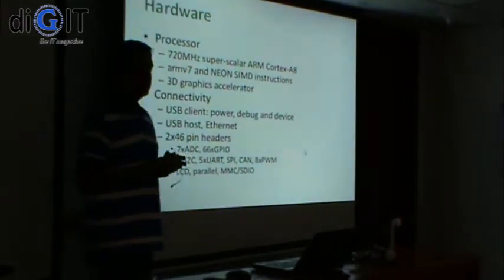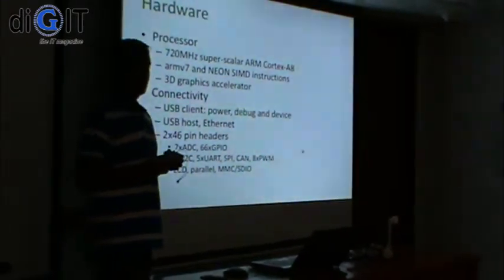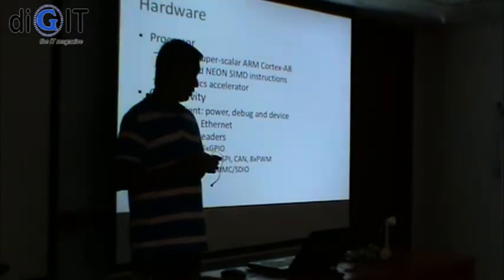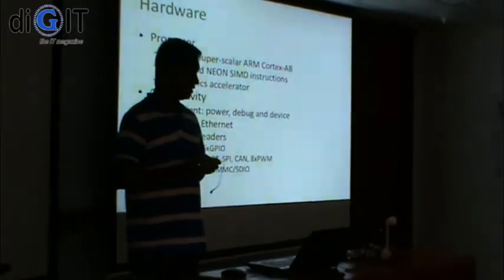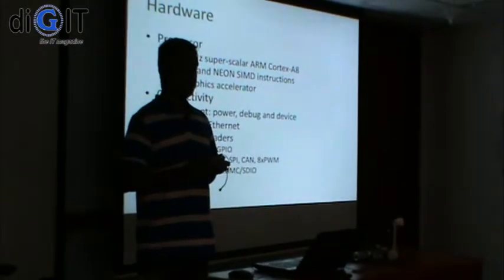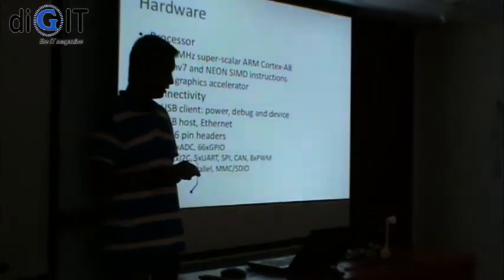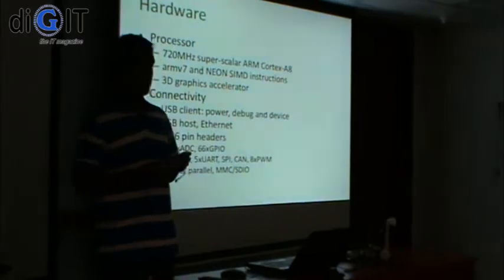and 7 analog digital converters, 66 general purpose input output ports, 2 inter-integrated circuit ports, 5 UART. UART means universal asynchronous receiver transmitter, means serial port, SPI serial peripheral interface, CAN port means controller area network port, 8 PWM ports.